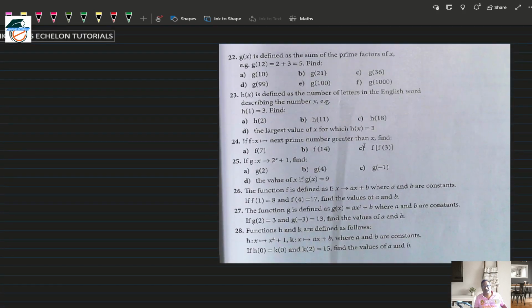So the space has been created, and now let us quickly go on to question number 24, right?